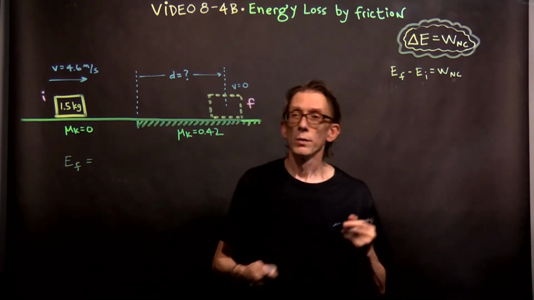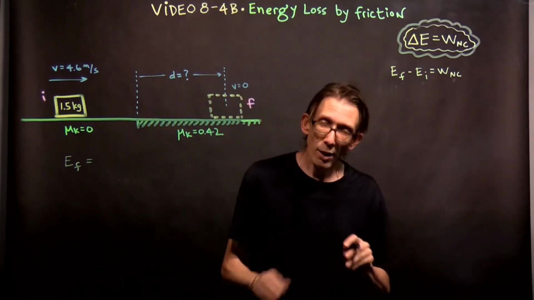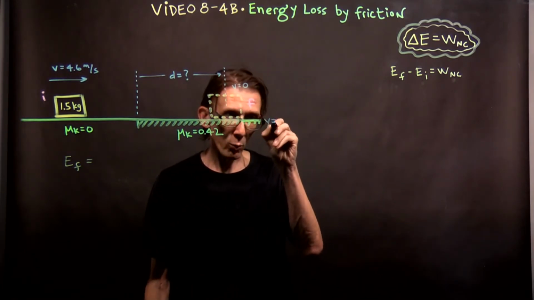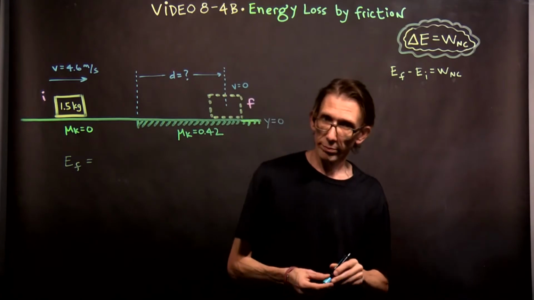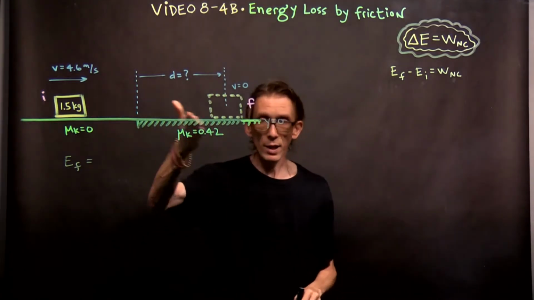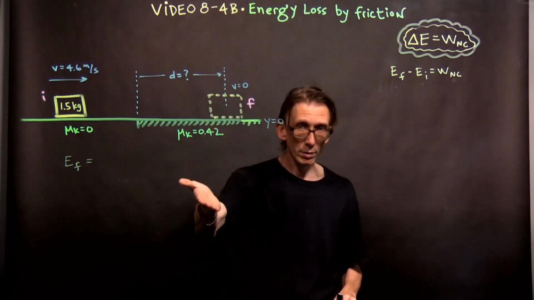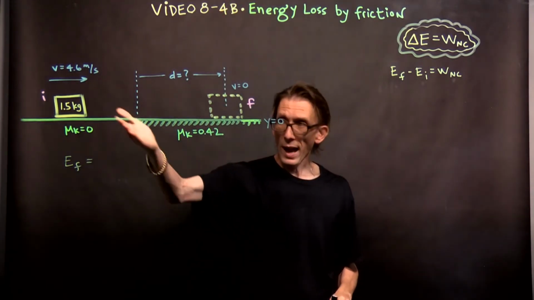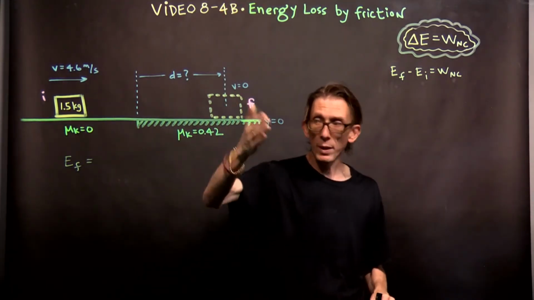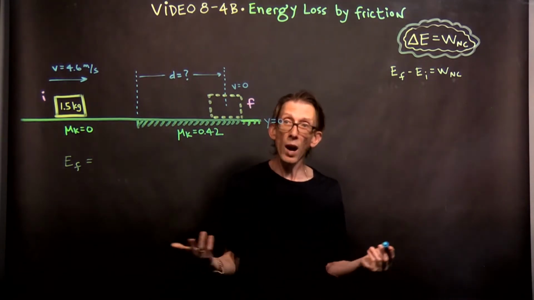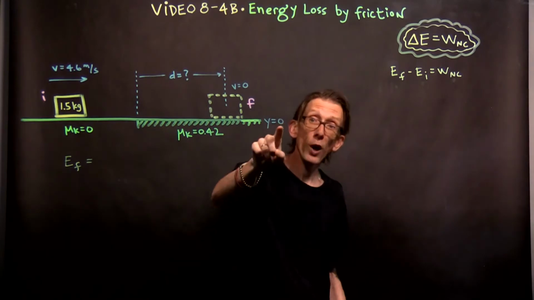Now, the wise student, and that's all of you, the alert student, will call this height y equals 0, so that the block is just moving in the x direction. It's not moving vertically. So for the entire time, it has no gravitational potential energy. None. Why? Because we called this 0.